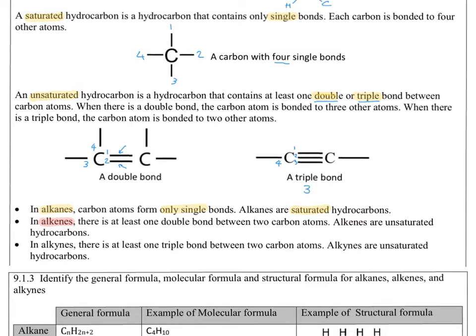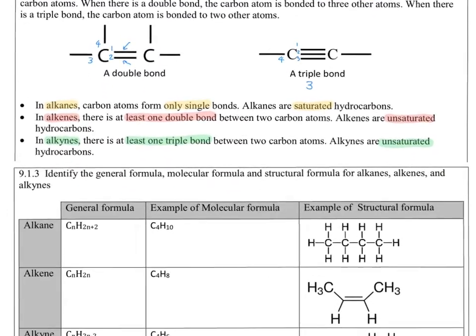Alkenes is a term for there being at least one double bond between the carbon atoms. And as we've said, if they're not single bonds, then it means that they are unsaturated. Finally, there's the family called alkynes. Alkynes has to have at least one triple bond between carbon atoms, and these are also unsaturated.